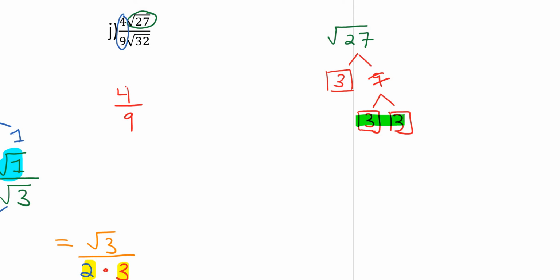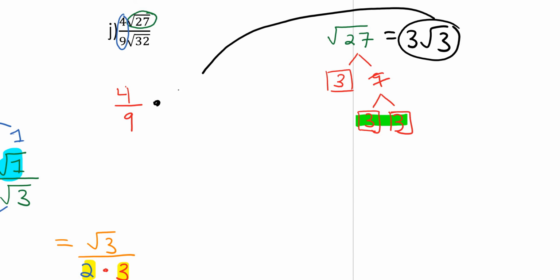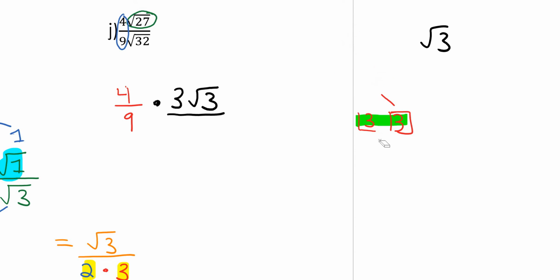And notice I have a pair right there, so this simplifies into 3 root 3. So 3 root 3 is what I will replace root 27 with. So I have 4 over 9 times 3 root 3 divided by, okay, and then I'm going to erase all this.